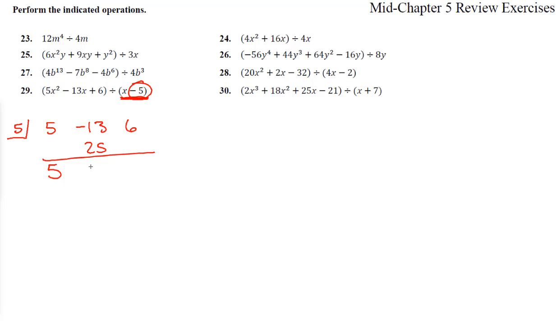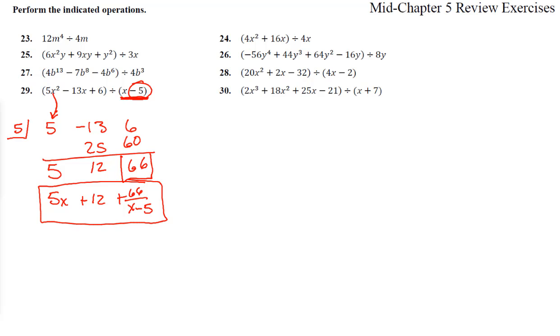Negative 13 plus 25 is 12. 5 times 12 is 60. 60 plus 6 is 66. This is the remainder. So this was an x squared, so it drops a power, so it's now 5x plus 12, and then the remainder plus 66 over what we originally divided by, x minus 5.